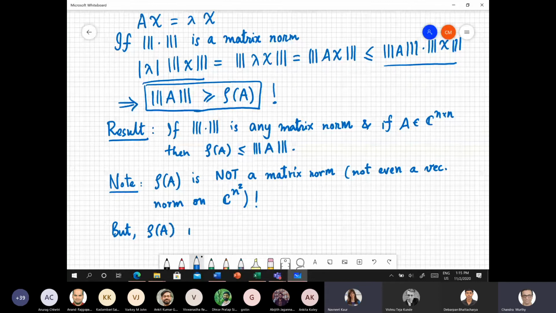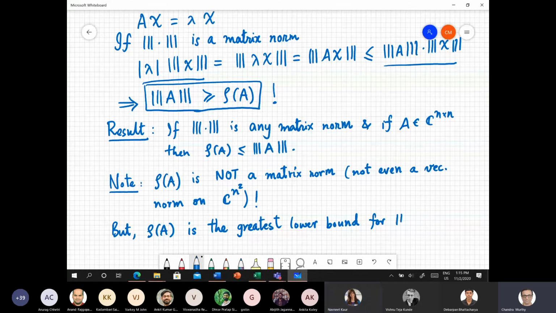Rho of A is the greatest lower bound on the values of all matrix norms. Okay, what do I mean by this?